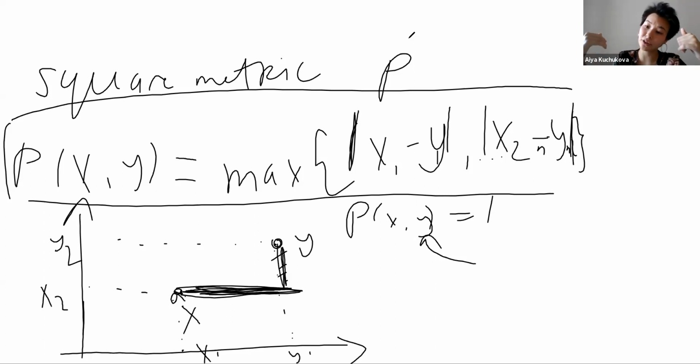Can you try to draw a circle in 2D? Because in the Euclidean metric, a circle just looks like this because of how we defined distance, right? But if we define distance differently, the circle would look different.